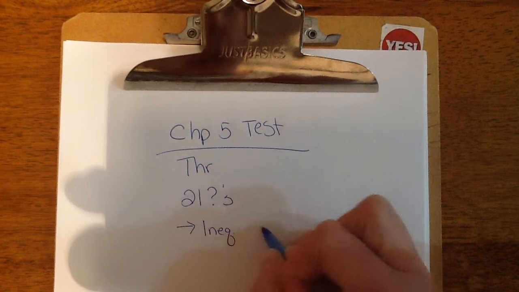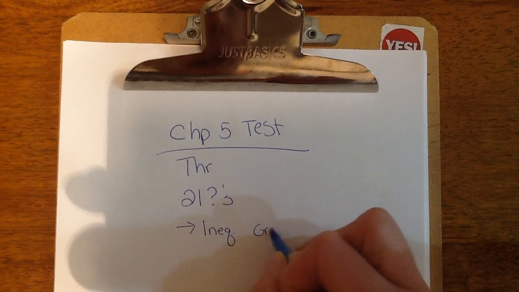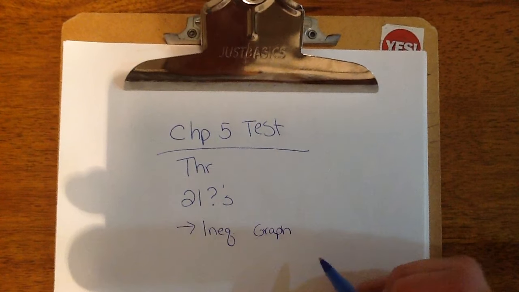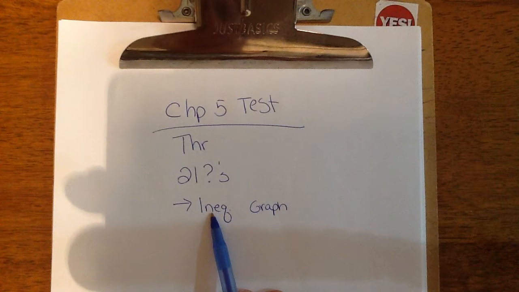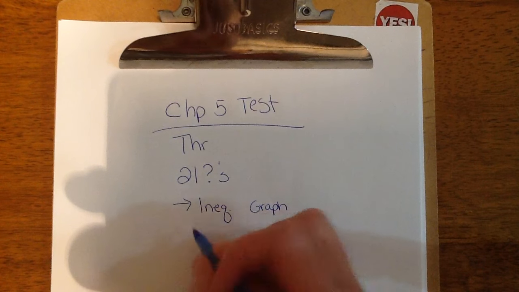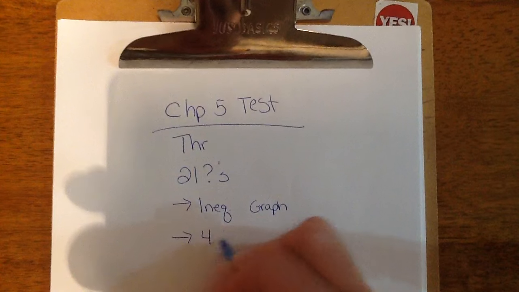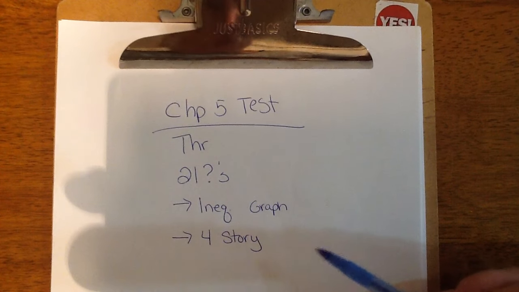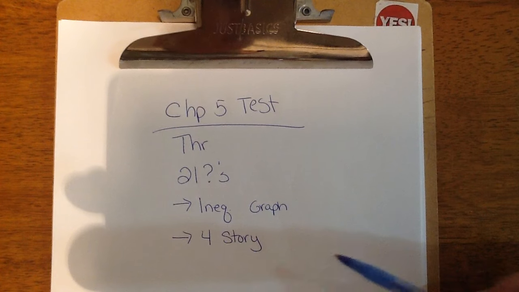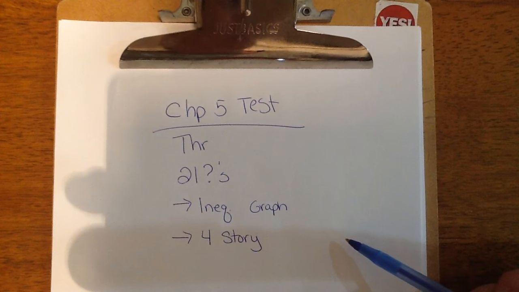None of the systems of equations are you forced to graph like you did on the quiz. So just inequalities where you have to shade. Then there are 4 story problems, like what you saw on the quiz, where you have to give a system and then solve it by one of your methods, okay?